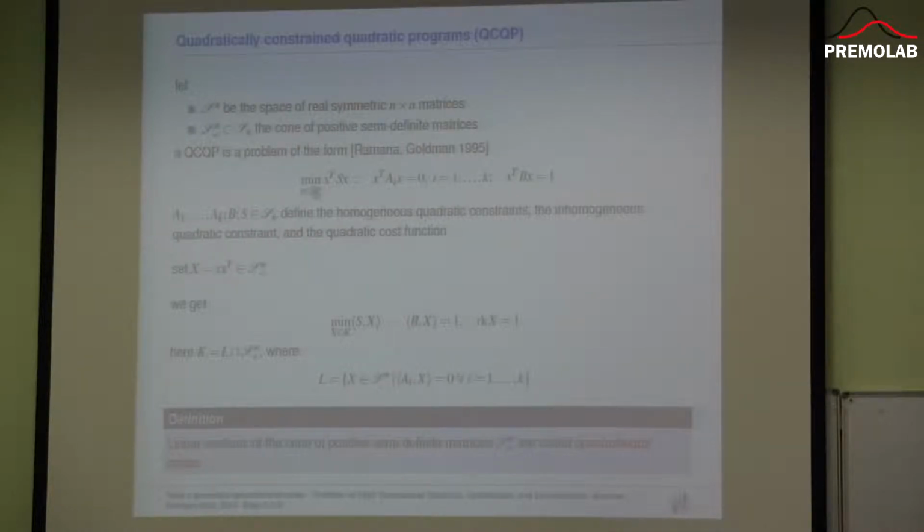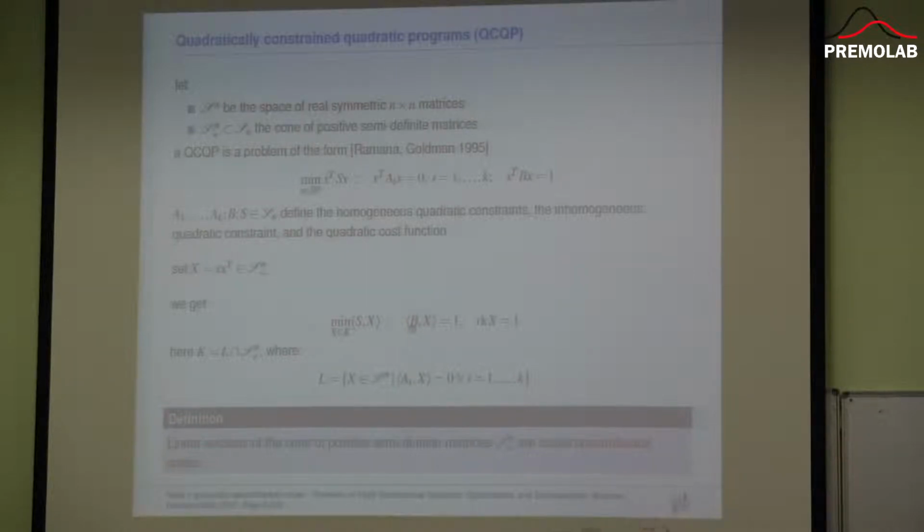And we can rewrite this problem. Now it's in the space R^n. We can rewrite it in terms of a matrix variable. So we take a big matrix X, which is a rank 1 matrix composed of the decision variable small x. And then these quadratic expressions become linear in this matrix variable.